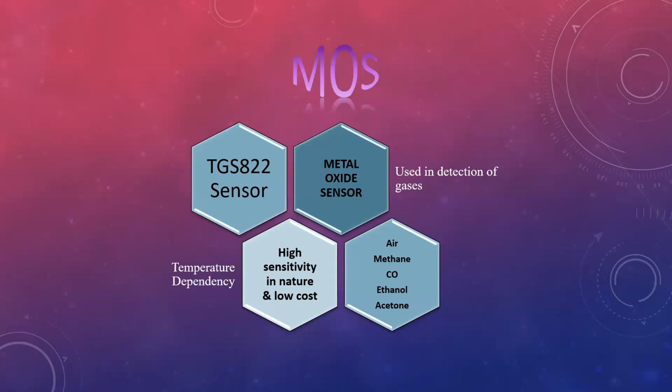So what I've used is the metal oxide gas sensor, known as MOS, which is used for detecting gases. I've used this sensor TGS 822 because it has high sensitivity and is available at low cost. It is widely used for detection of alcoholic gases such as methanol, carbon monoxide, and acetone.